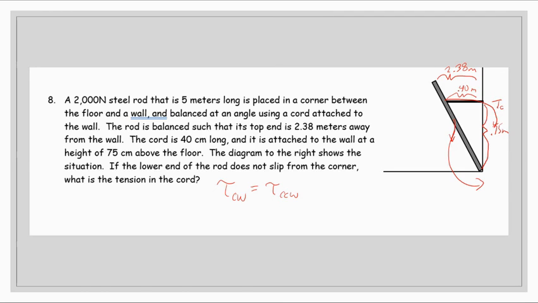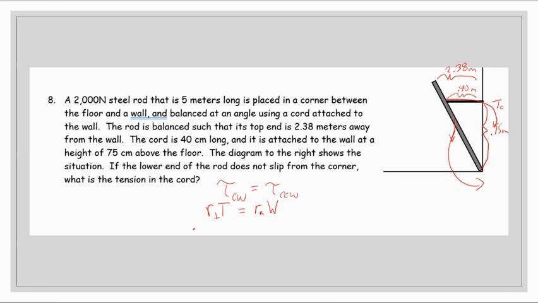So we end up having the perpendicular radius for our tension times our tension is equal to the perpendicular radius for our steel rod times the weight of our steel rod.